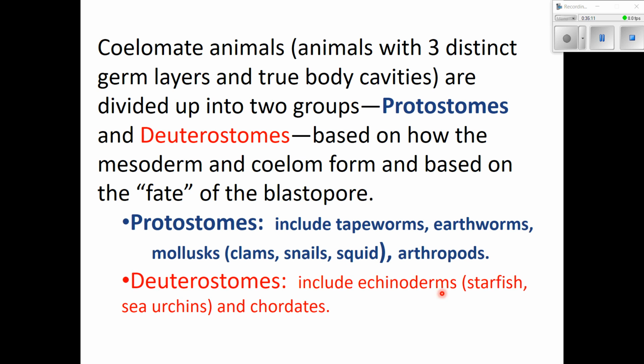So you wouldn't think it, but we know from embryology that we are much more closely related from an evolutionary perspective to starfish and sea urchins than to any of these animals. Of course, you probably are sitting there thinking, well, I didn't think I was very closely related to a snail or a bug. But you probably also didn't think you were very closely related to a starfish. And we are in the same broad category of animal, deuterostome, right alongside with starfish.